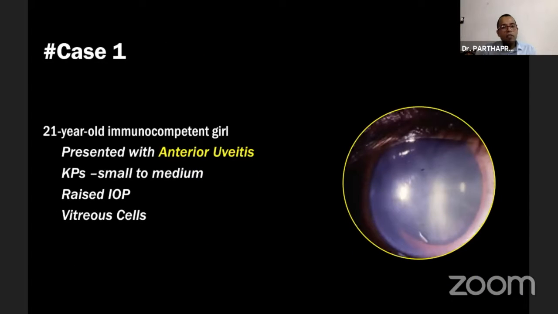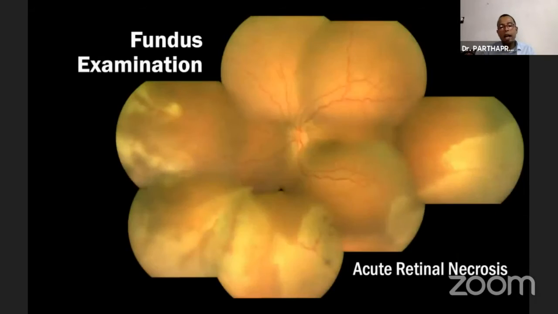This is a case of a 21-year-old immunocompetent girl presented with anterior uveitis, and you can see there were small to medium-sized KPs, and she had raised IOP, and there were some vitreous cells. When we dilated and examined her, it was a case of acute retinal necrosis, as you can make out from the confluent patches of retinitis 360 degree.